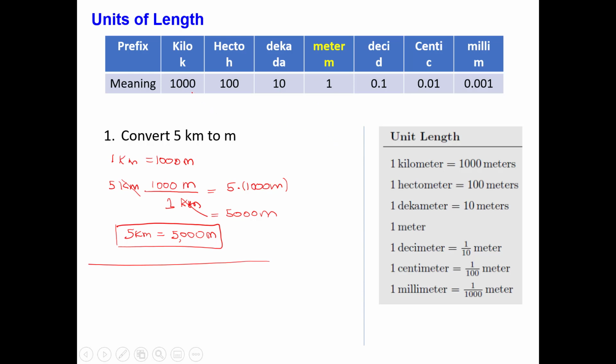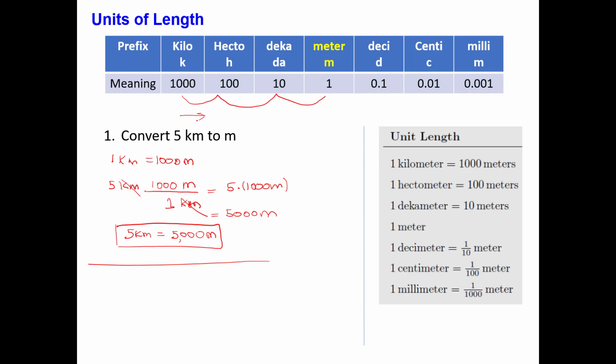That means we need to move the decimal places. How many times? 1, 2, 3. We had the unit in kilometers, and we need to move to meters. 1, 2, 3. And we need to move the decimal place 3 places to the right. In the same direction we will move the decimal place in the number.